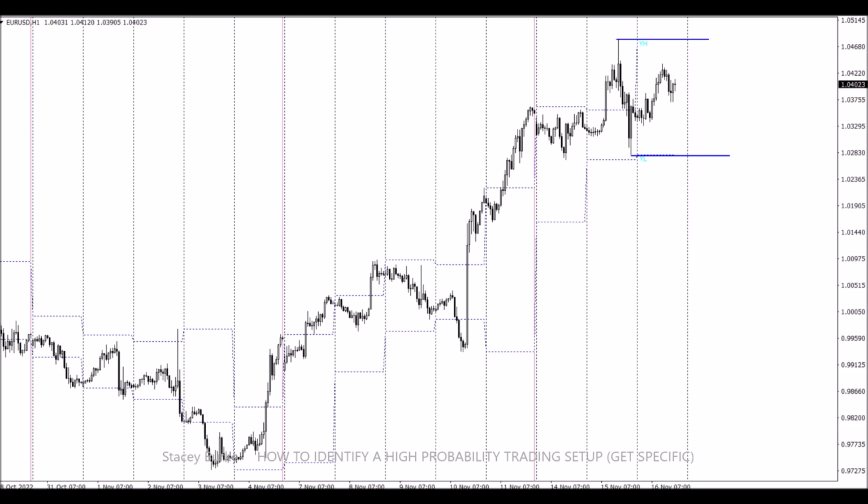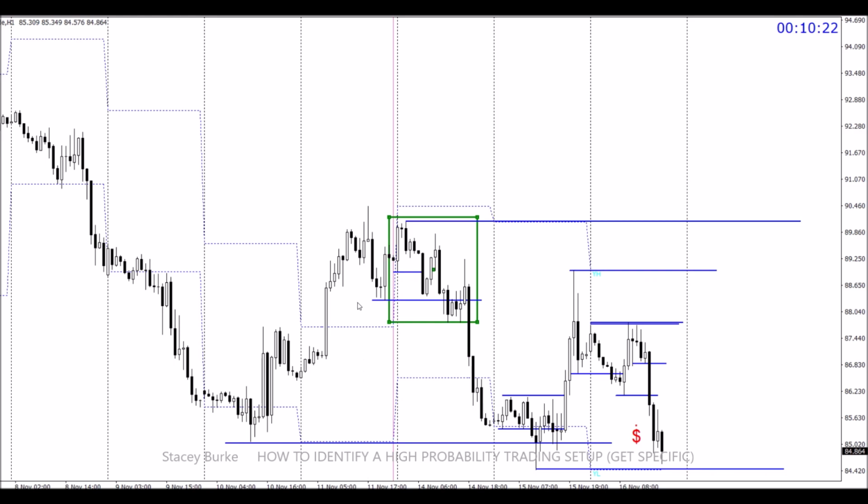The euro, similar. We had an outside day or an outside session high low that is still on the upside of the front side of that move. We've broken that trend line, but we're still slowly grinding higher. Not as cleanly defined as the oil chart.